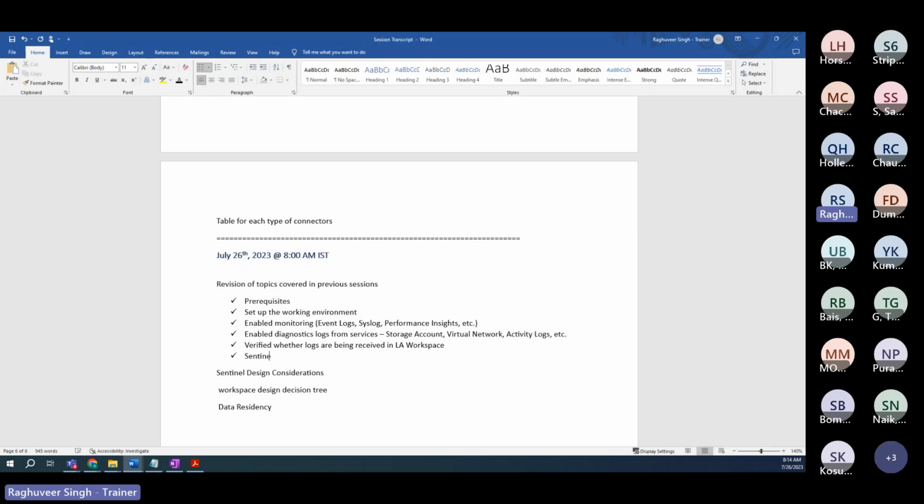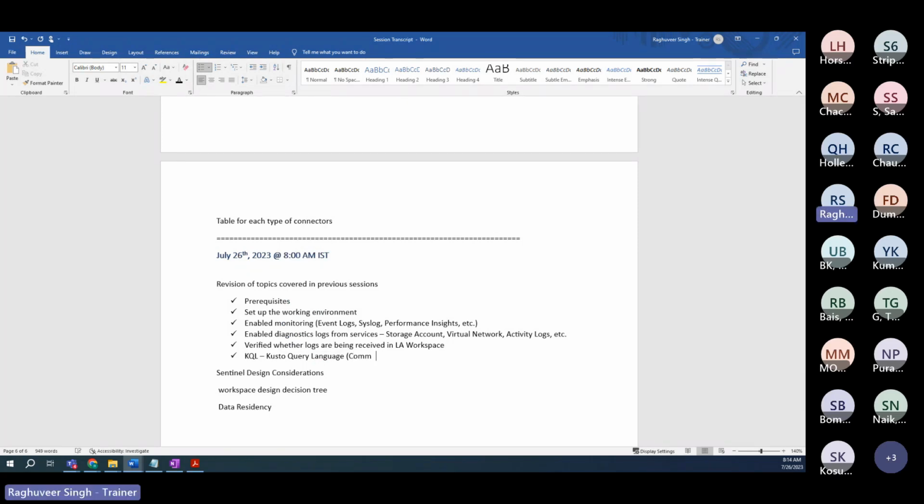Then we looked at Sentinel. Sorry, we basically looked at KQL, Kusto Query Language. And in the Kusto Query Language, I talked about some common KQLs.